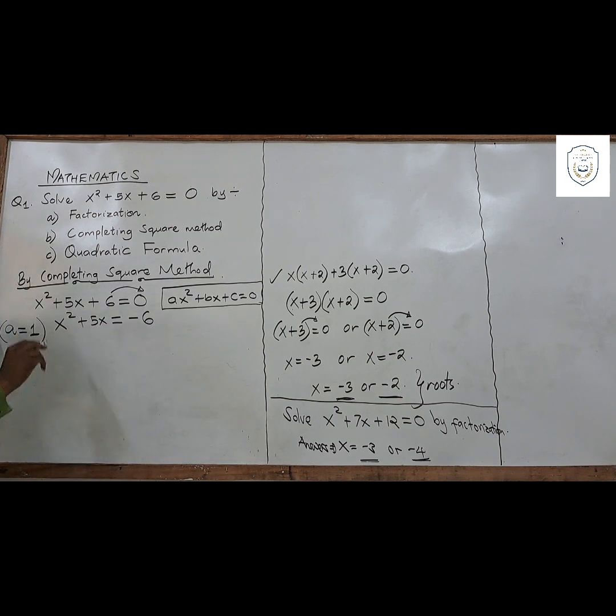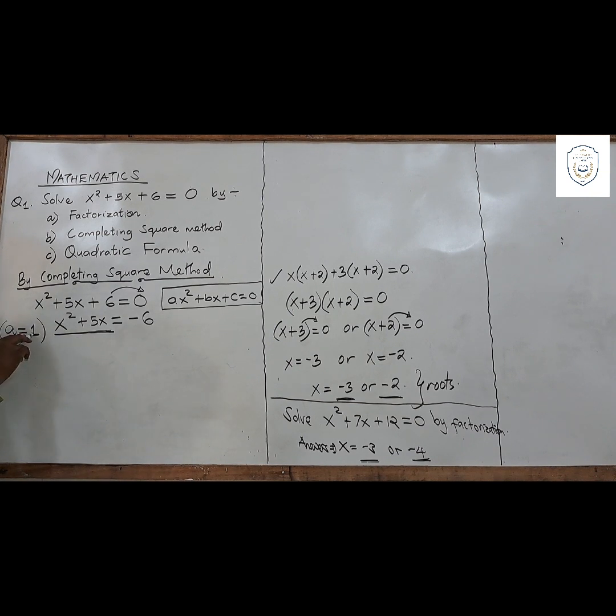After doing that, the next thing you're supposed to do is complete the square to get the actual c for x squared plus 5x. What is the actual c? And so how do you do it?